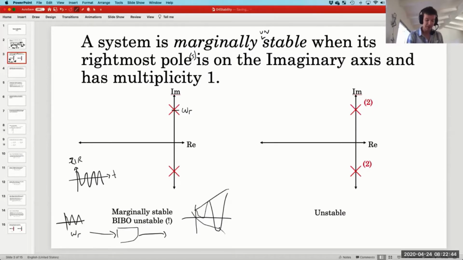Okay, and this is bounded, and this is unbounded. So that's why I'm able to say that this is a marginally stable system, but it's BIBO unstable.